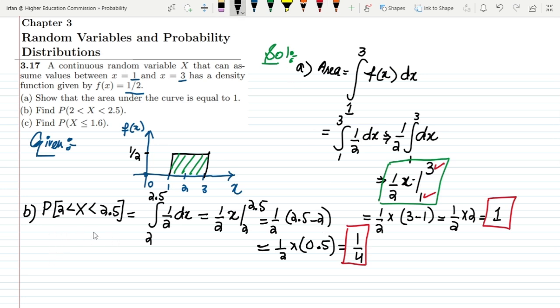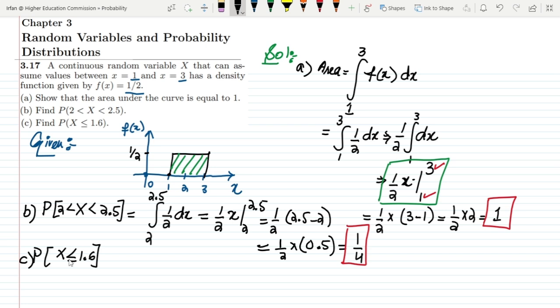Now going towards the solution of part C, in which I have to find the probability that x is less than or equal to 1.6. As we can see that this basically lies from 1 to 3.